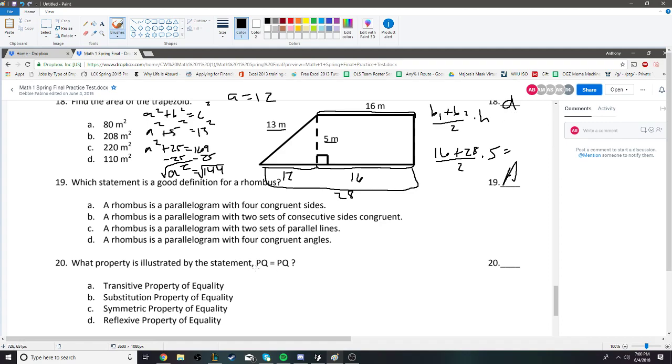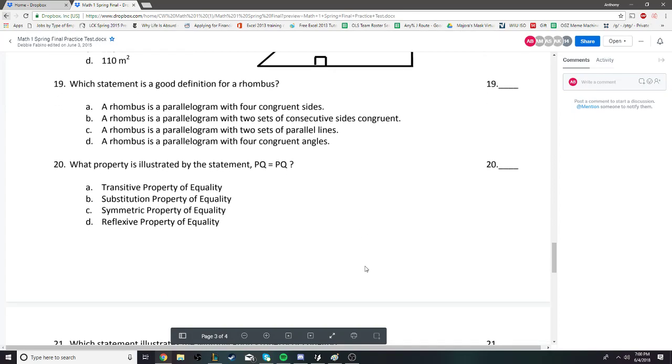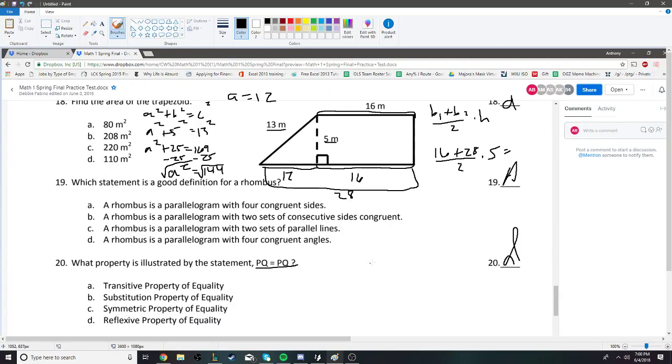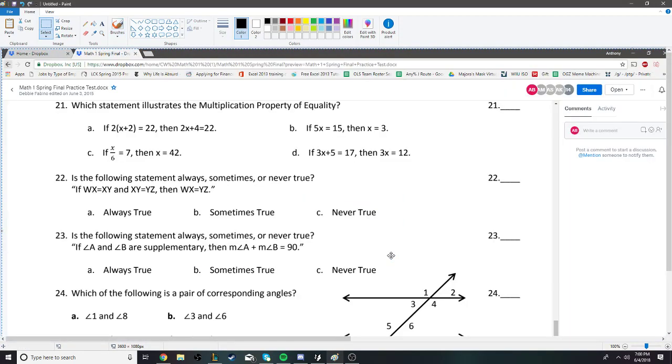If anything is equal to itself, that's an example of the reflexive property. Which one is an example of the multiplication property?